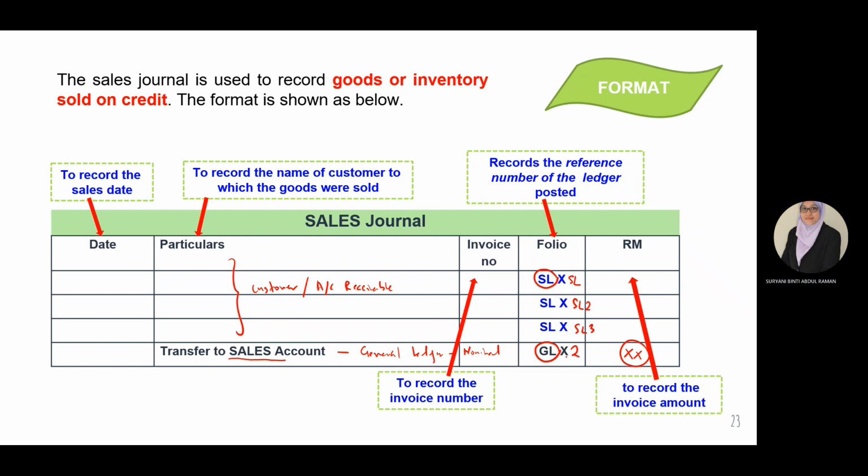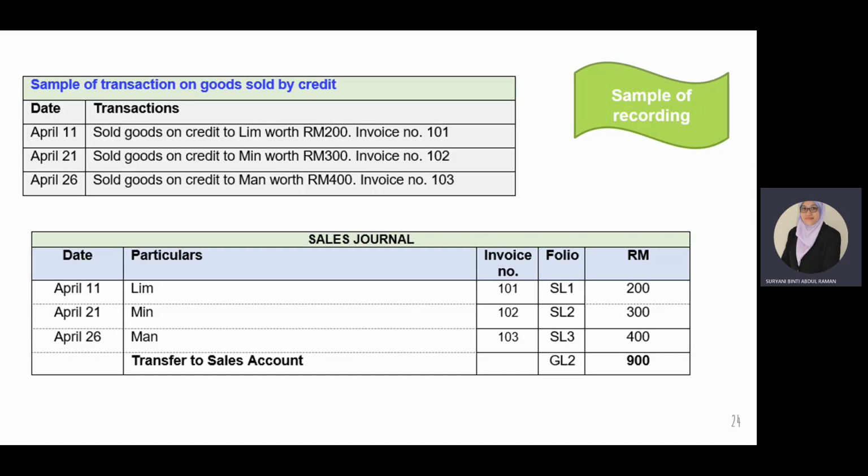So we use another code, GL2. Okay, these are the example of transactions of goods sold on credit. Again, the same step as per purchase journal.